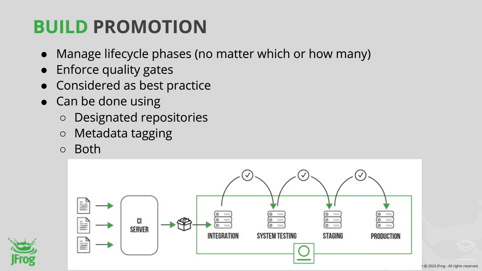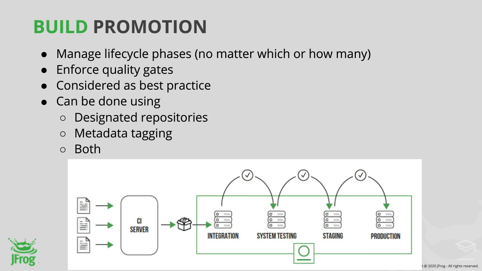Now, you can do the promotion as many times as you want because it has zero impact on the setup. Artifactory is checksum-based storage. And since that, any artifact will be only stored once in the database, no matter how many times you copy it from one repository to another, or no matter how many times you move it from one repository to another, the actual binary will only be stored once.